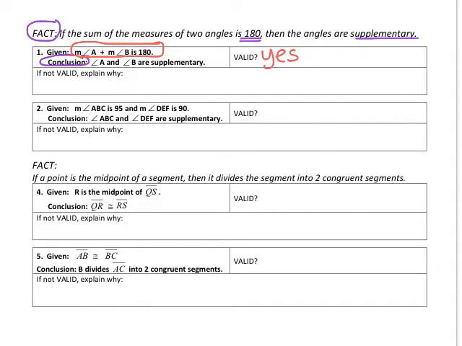Absolutely. We know that the conclusion is true because, and we have to state why, the definition of supplementary says if two angles equal 180, then they are supplementary.